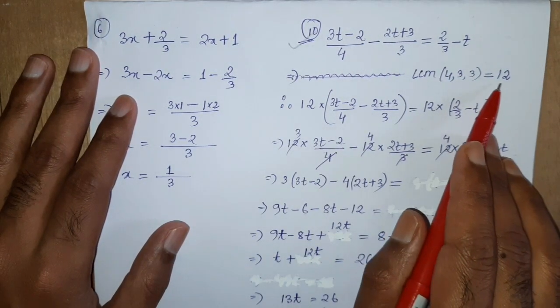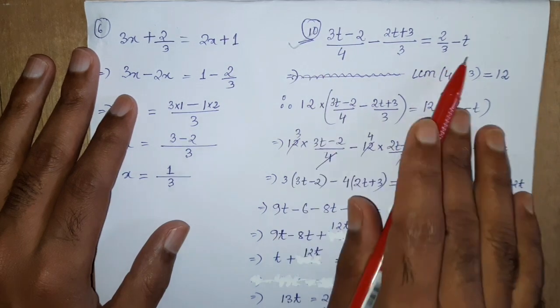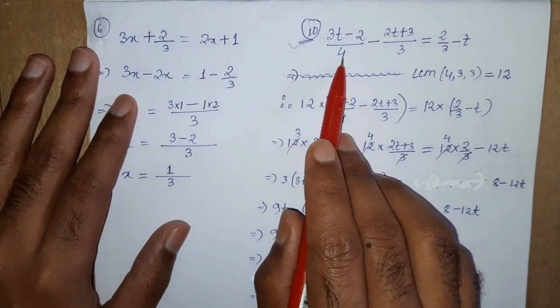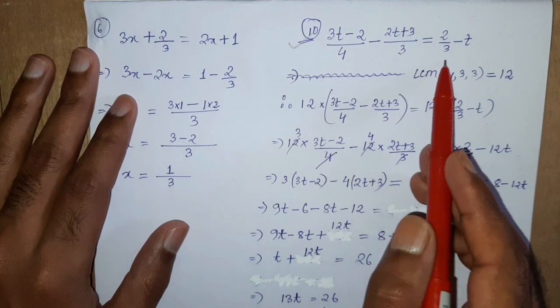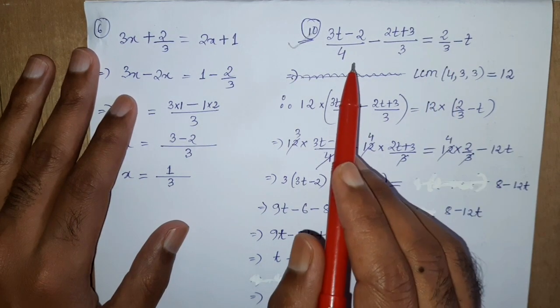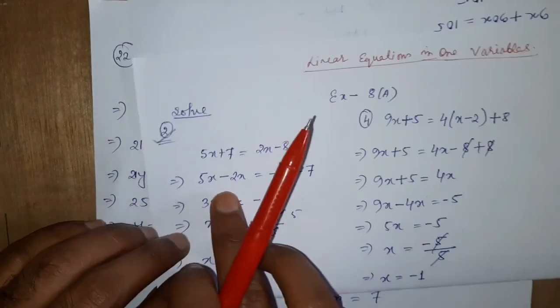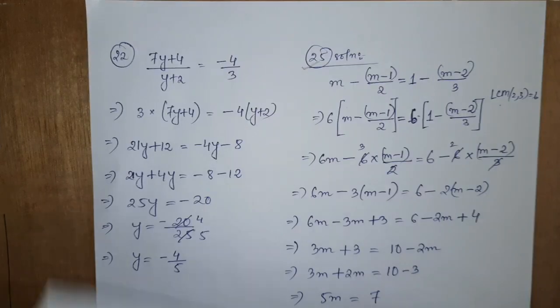So this LCM value, 12, you multiply on both sides. Why multiply both sides? To get rid of these denominators. If you get rid of these denominators, it will be easy for you, it will be a little similar to the first equation. Then the rest is the same as you have done.